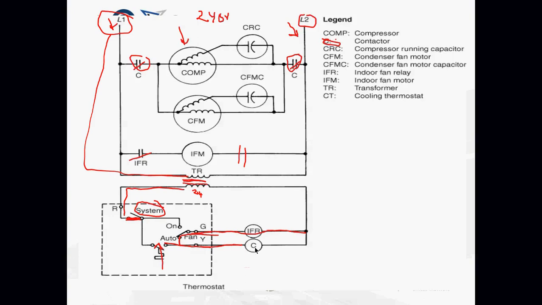It energizes the contactor coil and the indoor fan coil. The indoor fan coil closes the IFR contact, and the C coil, the contactor coil, closes C and C. When those close, it energizes the compressor and the condenser fan motor.